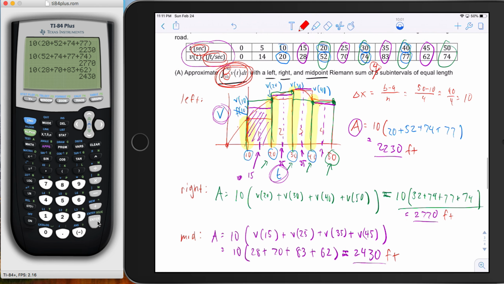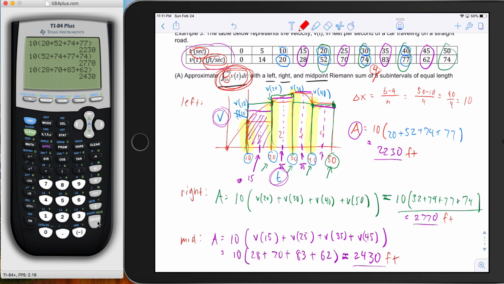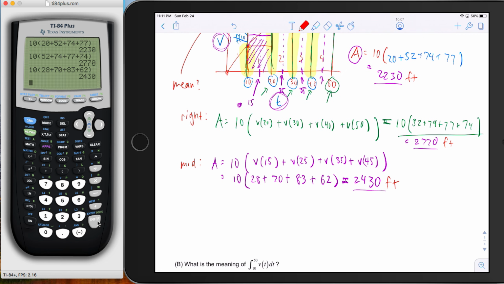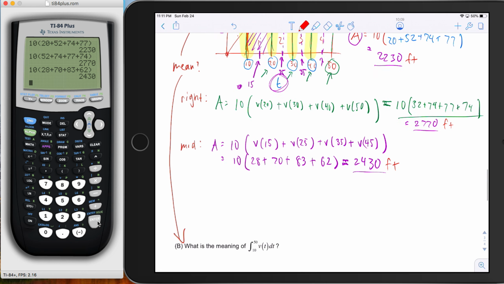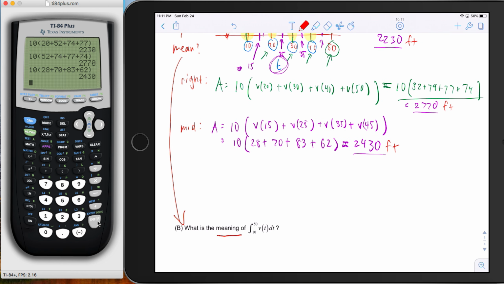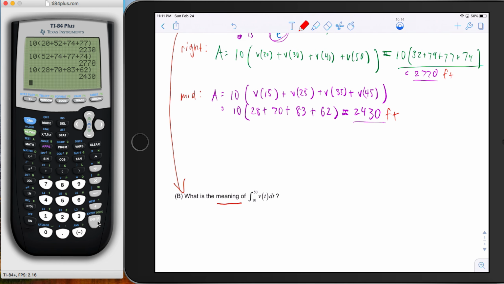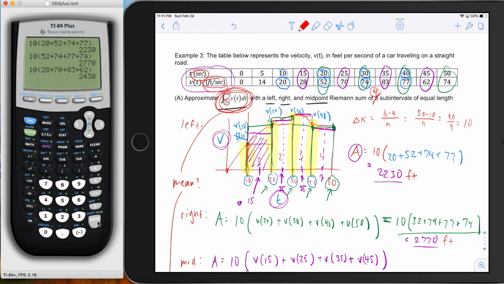Now in part B, they're going to ask, what does this mean? Let's go to part B. What is the meaning of this? So let's just take the midpoint here. Let's just pretend this is going to be our representation. We found 2,430 feet. Now, what does this mean in this context?